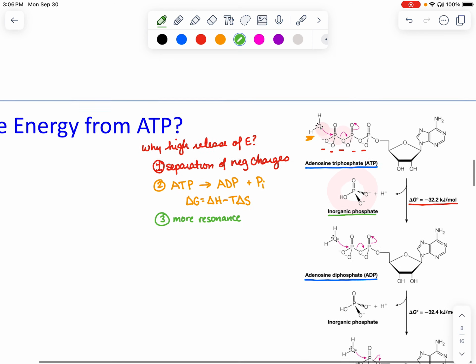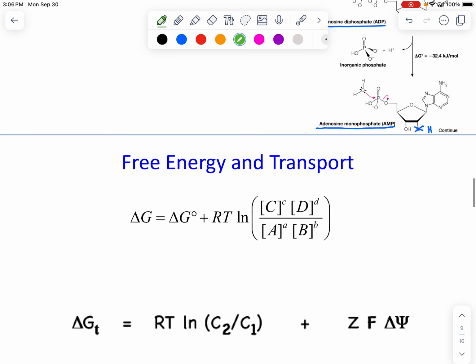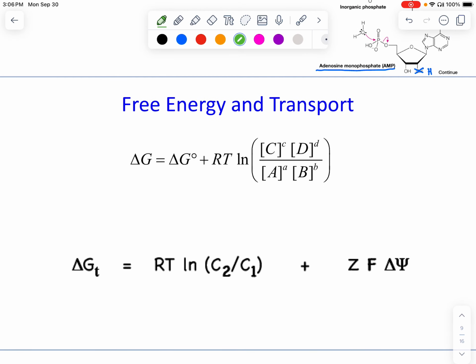If we think about that in terms of our reaction and our numbers, the standard Gibbs free energy change we just said was negative 32 kilojoules per mole. But we know that in cells, the concentration of ATP is typically greater than the concentration of ADP. Remember, this reaction was ATP goes to ADP plus that phosphate.